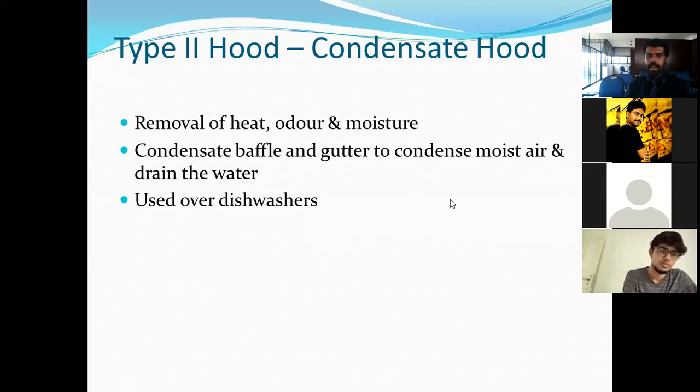It has a condensate baffle and gutter to condense moist air and drain the water. So basically this hood deals with moisture and water. The condensed water will be taken through the gutter and drained out. Mainly it deals not with grease, but with heat, smell, and moisture. This type of hood is mainly used for dishwashers.